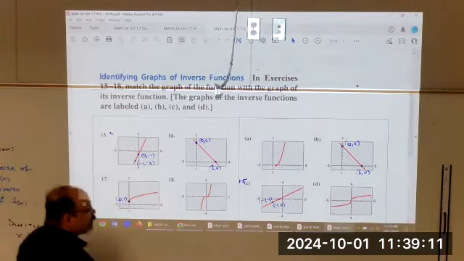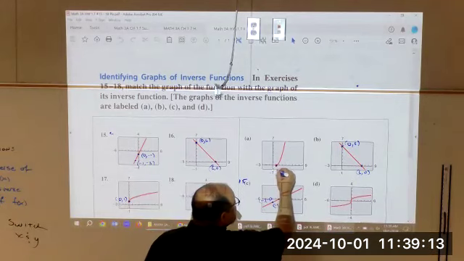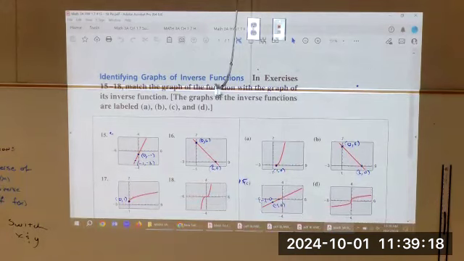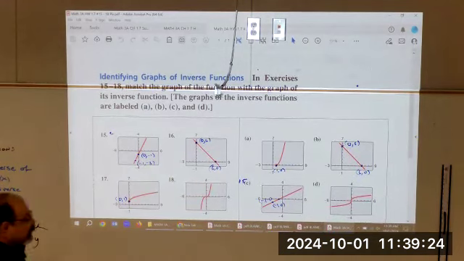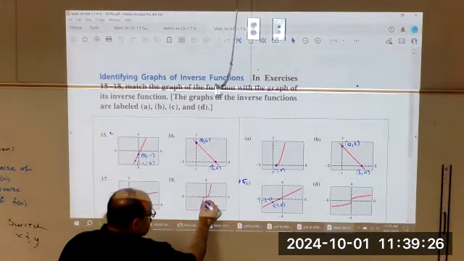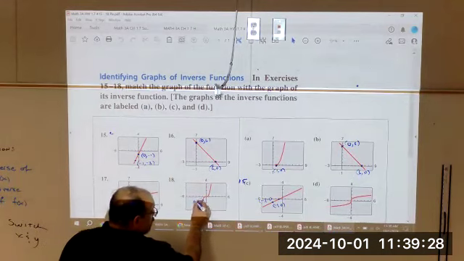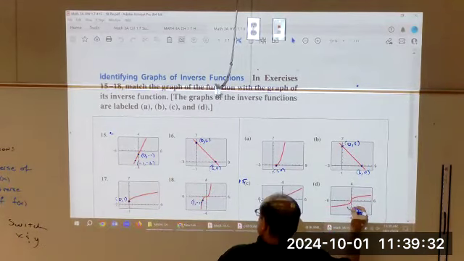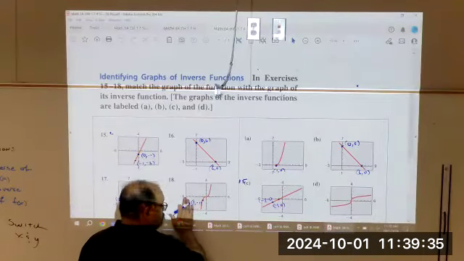So I would be looking for the one that has 1, 0. That's how you find the inverse picture. The switched ordered pair. This one here has 1, -1. So I'd be looking for a -1, 1.